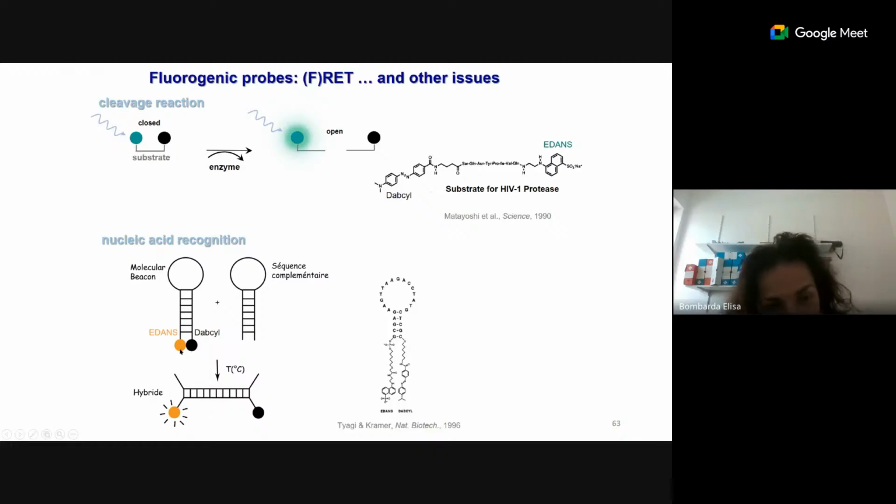As a consequence, the donor gets farther away from the acceptor, so it's not quenched anymore, and we can monitor the restored fluorescence. In this way we can monitor this reaction and detect this particular sequence.